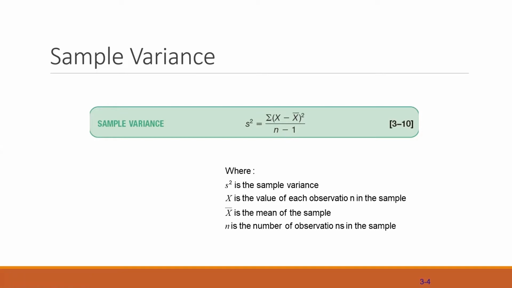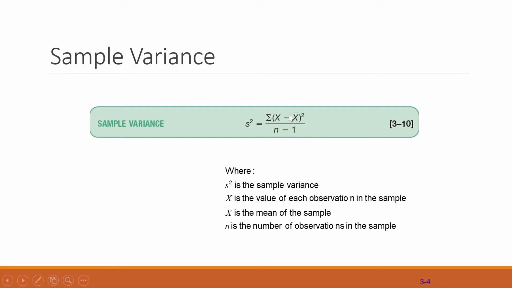There is more to say about this formula, but since this is a review and our focus is not really to learn everything about the sample variance, I'm going to skip that. Just to mention that this n-1 is called degrees of freedom, so it's very special for sample variance.